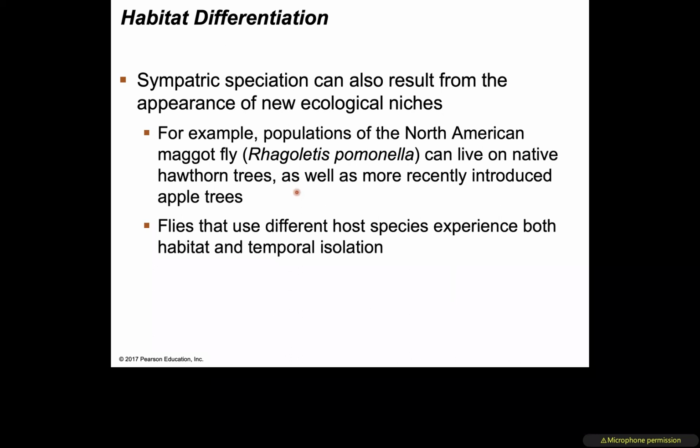And so the flies that use the different host species experience both habitat and temporal isolation. So if they live on different trees, even though those trees might be near each other, they can actually speciate differently. They could literally be right next to each other, but they are indeed considered new ecological niches.